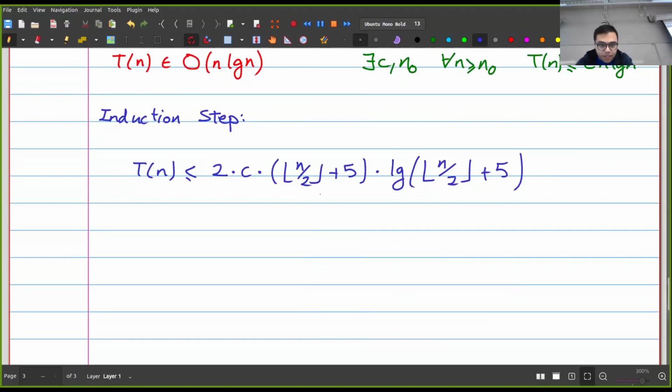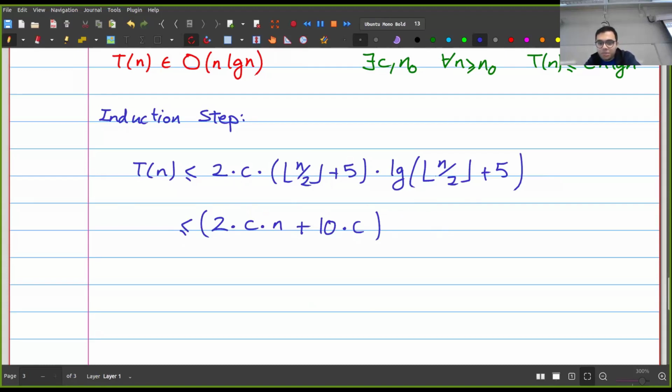So here's the thing. I'm going to say this is less than or equal to, I can definitely take out a Cn here. And then I also have a 2C times 5. So let's say 10C. Okay. And then here, this is at most log n, right?